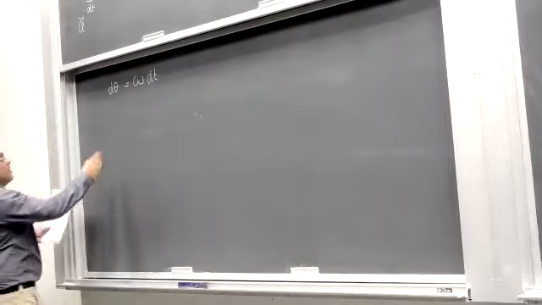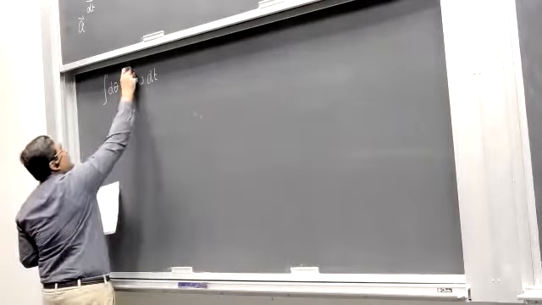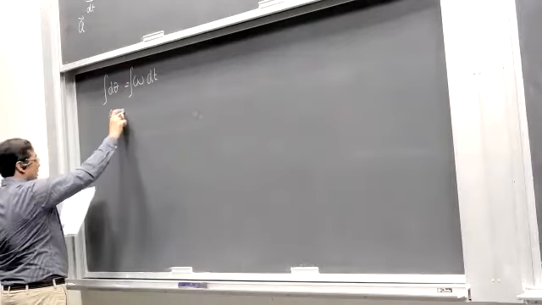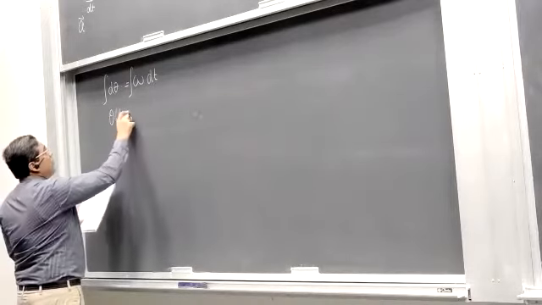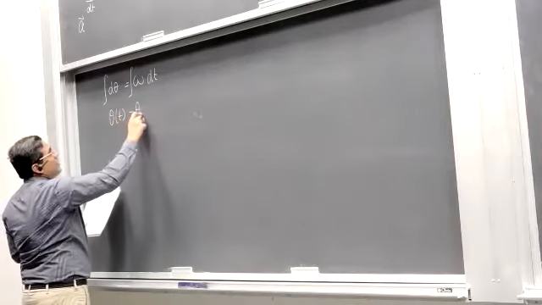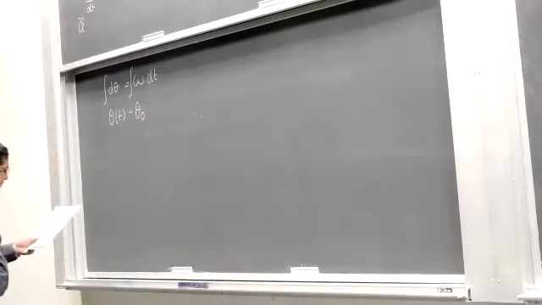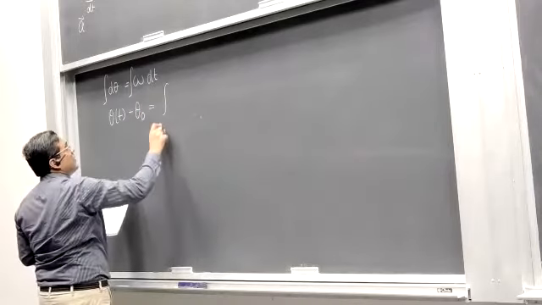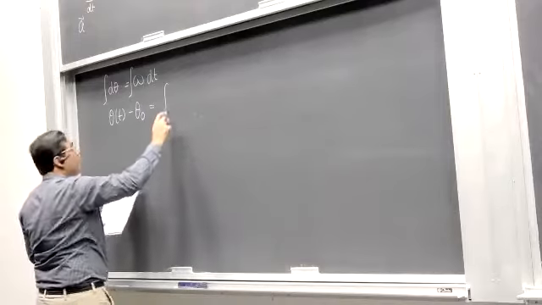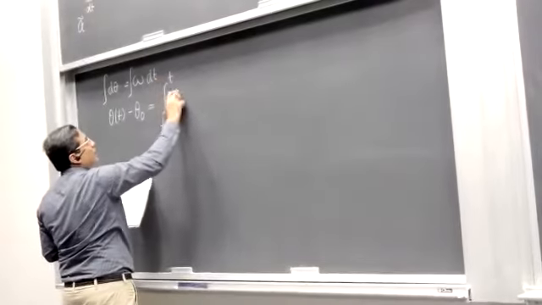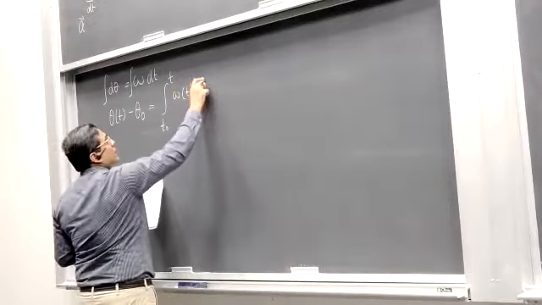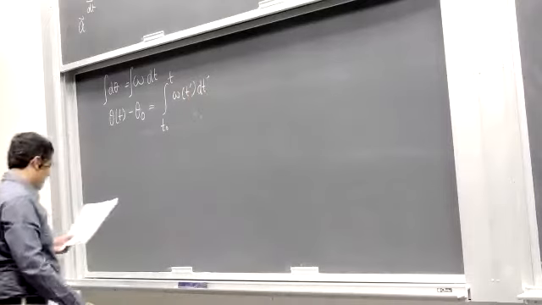And then if you integrate this, what you get is theta minus theta at 0. We call it theta naught, the initial angle, and that equals the integral from t naught to t of omega t prime dt prime.